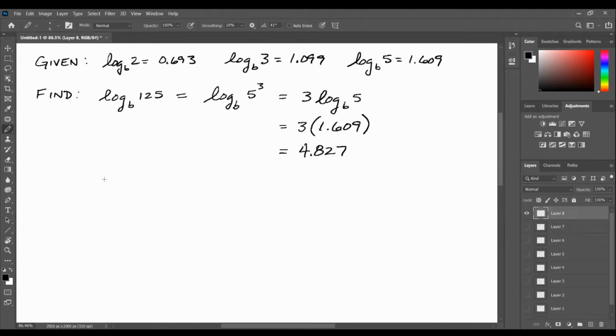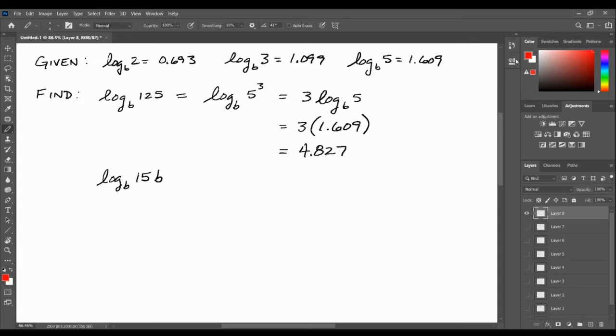How about this one? This one's a little different. Log base b of 15b. Now that looks weird, but I think we can do it. We've got 2, 3, and 5 as the arguments up above in the given.